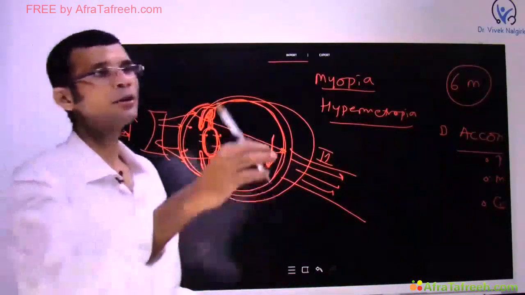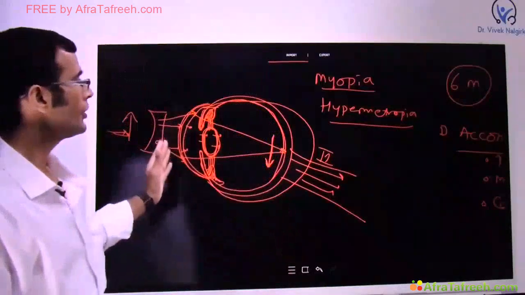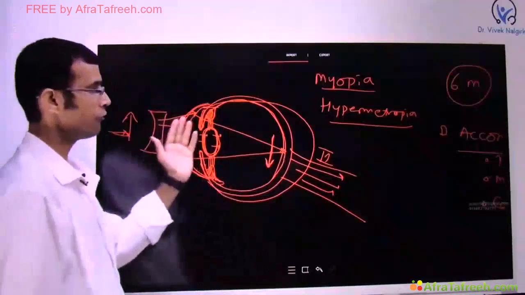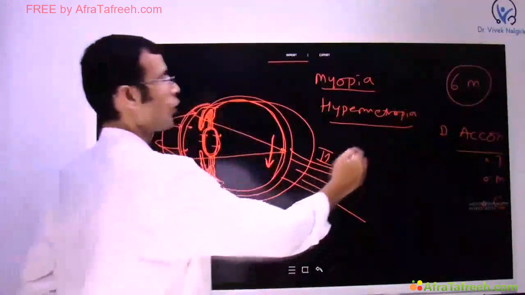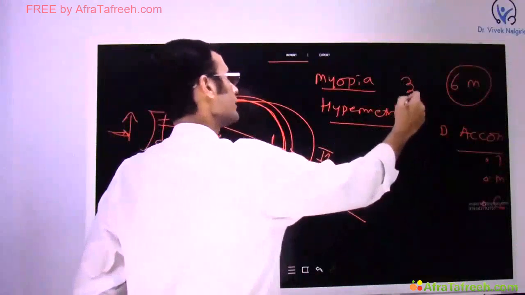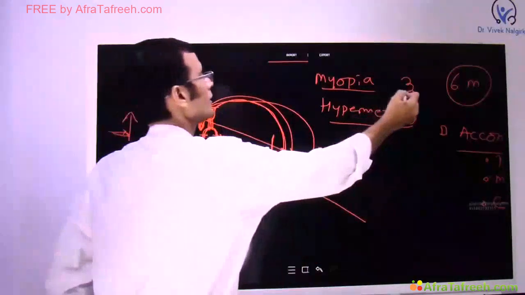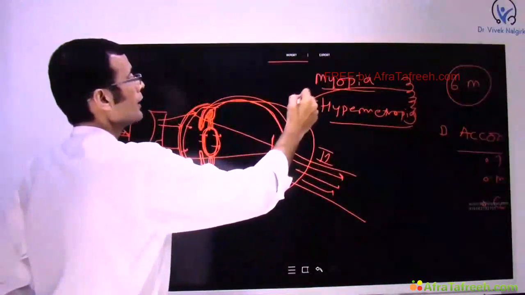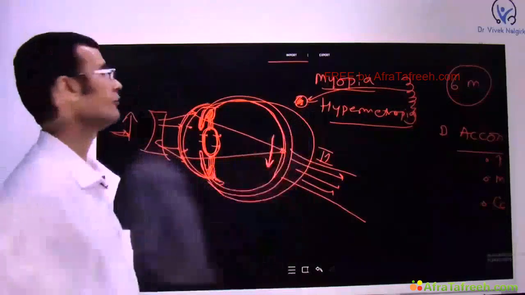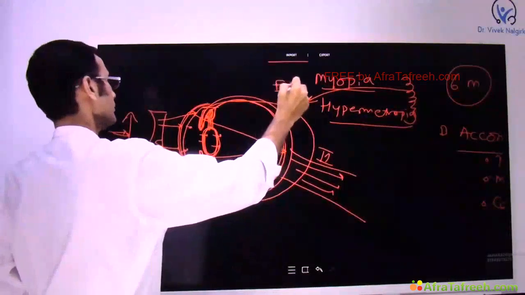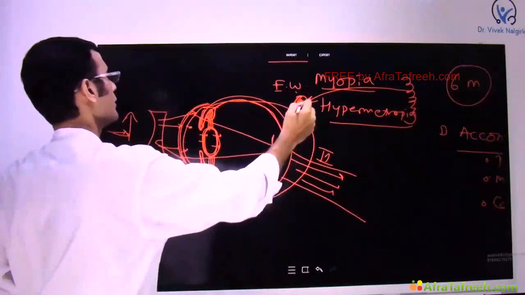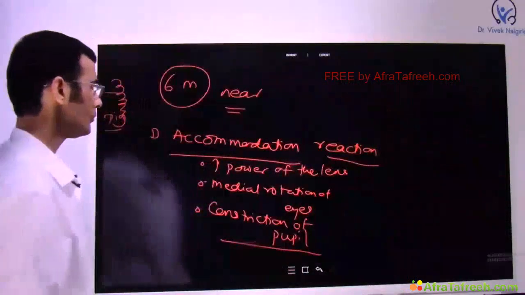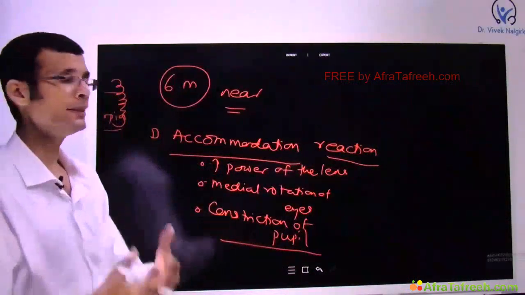As you look at a near object, initially since the image is not formed on the retina, a blurred image is formed, signals are sent to the cortex, and from the cortex, due to the blurred image, signals are sent back to the oculomotor nerve, the third nerve, Edinger-Westphal nucleus, and the third nerve nucleus would bring about those changes of accommodation. So that's accommodation, to see the near objects.